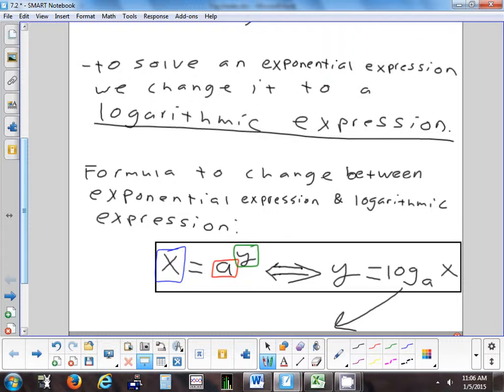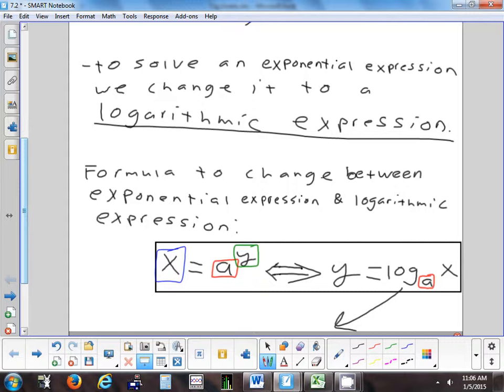When we rewrite it in log form, and again there'll be some numbers in here when we do an example, the first thing you do is start by writing the word log. The next thing you have to do is figure out where the a goes, where the y goes, and where the x goes. Notice how that a is written a little bit lower than the x. It's also a little bit lower than the word log.